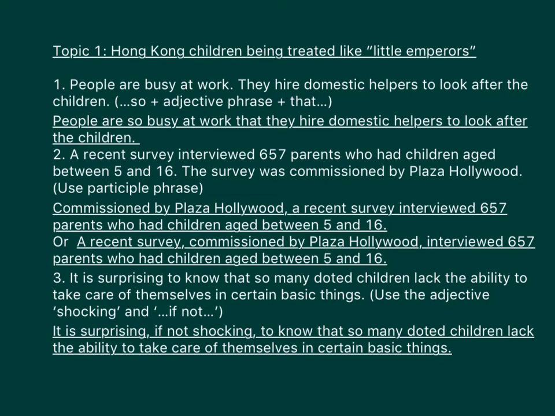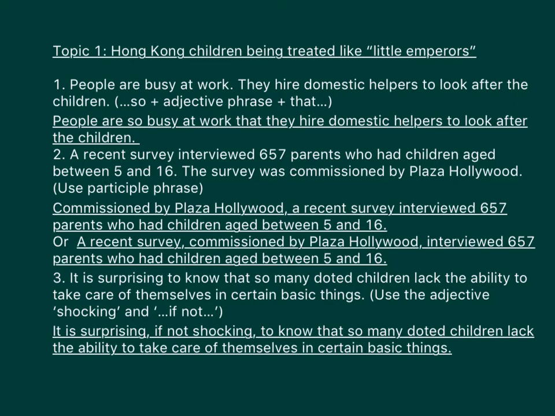Here are the answers. Number 1. People are busy at work. They hire domestic helpers to look after the children. People are so busy at work that they hire domestic helpers to look after their children. Number 2. A recent survey interviewed 657 parents who had children aged between 5 and 16.